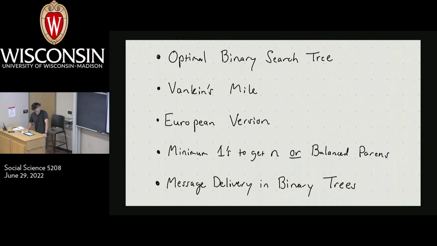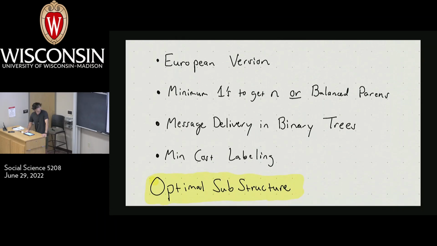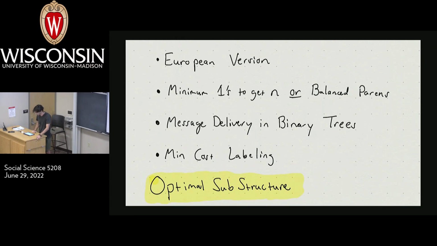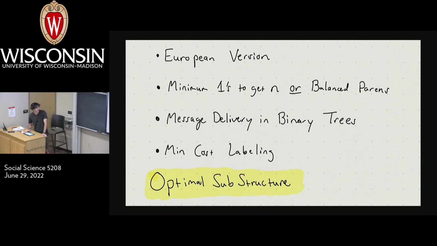So that's our plan. And one thing that's really important about dynamic programming is this idea called optimal substructure. I'll try to talk about this in every single example, but if you don't hear me say this phrase, feel free to shout out and ask, what's the optimal substructure? And I'll let you know, because it's very important. This is the idea I kind of hinted at a couple lectures ago.